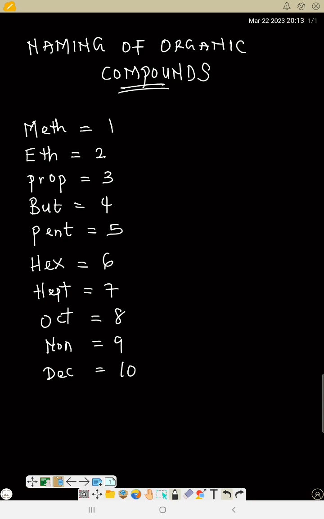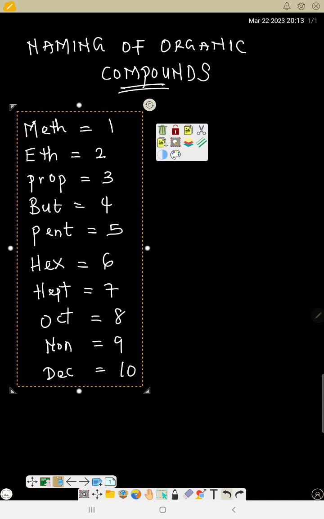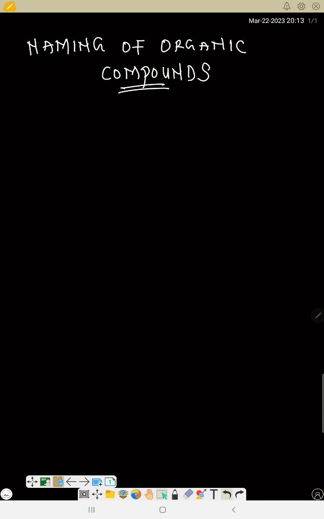So now we'll talk about the alkanes, alkenes, and alkynes and their general formula. So now let's say we have alkane. Take note of all this, you can write it down. Meth, eth, prop, but. So they represent the number of carbons.